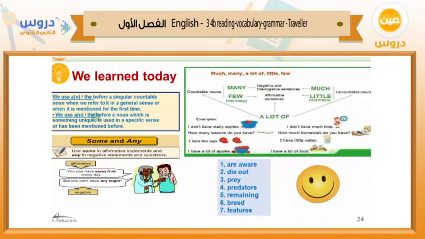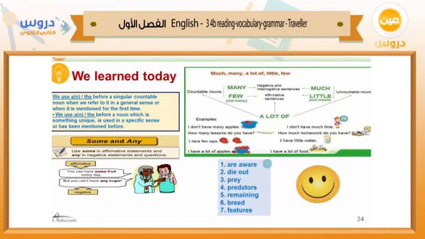We use the before a noun which is something unique, used in a specific sense, or has been mentioned before. And also we talked about how we use a lot of for countable or non-countable nouns, much for things like money and time, many for negative and interrogative sentences, and few and a little for affirmative sentences. And here are the examples for these.